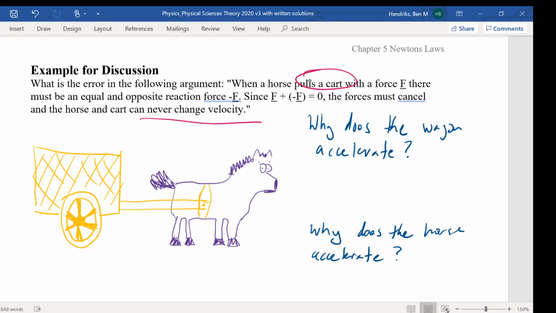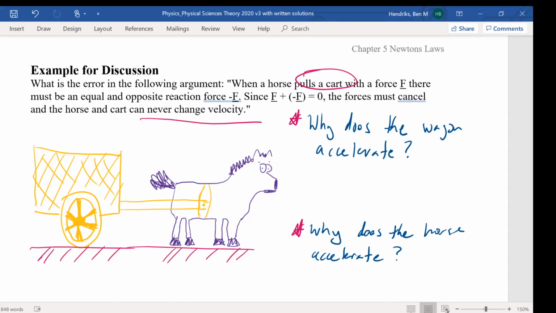So the questions I've asked over here are, why does the wagon accelerate, and why does the horse accelerate? Let's just focus on the wagon first. If we've got the ground, we're going to assume that there's a negligible friction force between the wheel and the ground in this case.